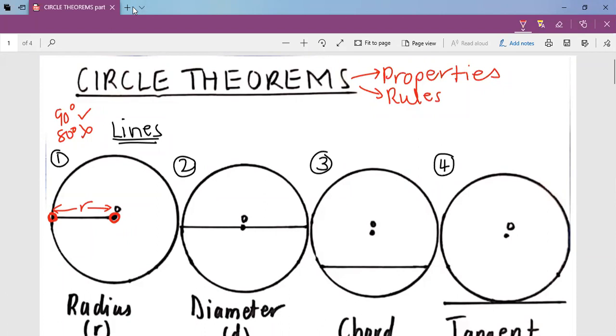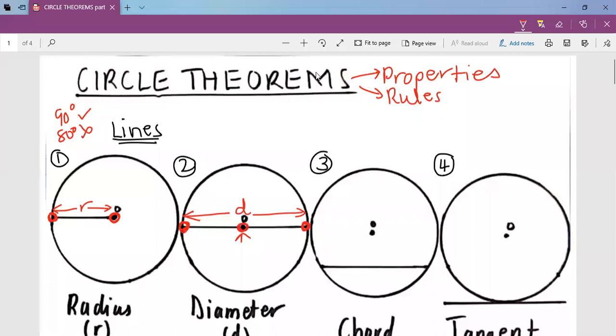Number 2, we have another straight line from the circumference to the circumference, and it is passing through the center. Whenever you have a straight line from the circumference going to the other end of the circumference through the center, it will always be known as a diameter.